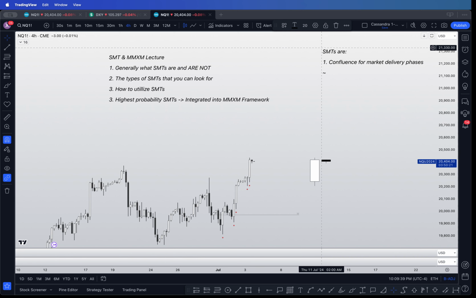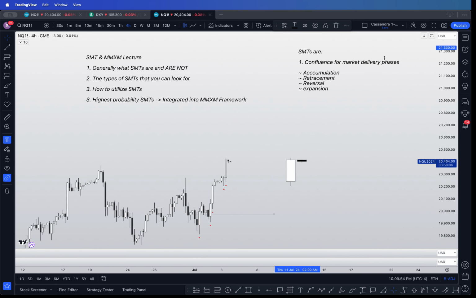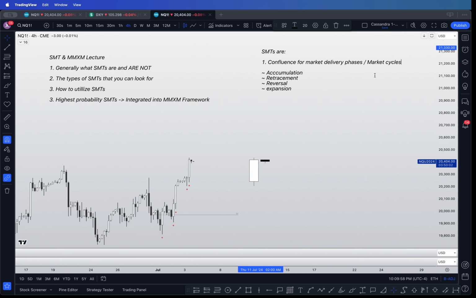Remember, the phases of market delivery are accumulation, manipulation, or you can even say retracement, reversal, expansion. Now these are our market cycles. So you can think of these delivery phases or market cycles. Now, how are they a confluence for market delivery phases or market cycles?